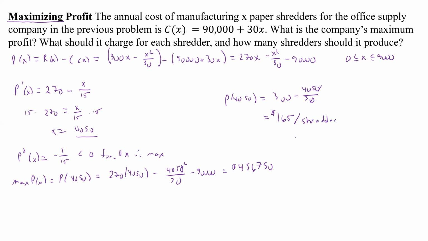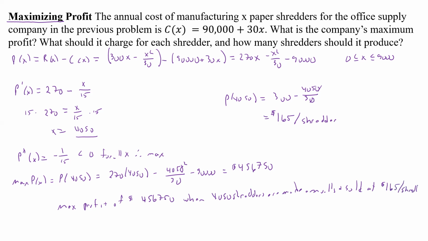Now, what does it ask for? What is the company's maximum profit? All right, so max profit of 456,750 when 4050 shredders are made annually and sold at, and we said it was, $165 per shredder.